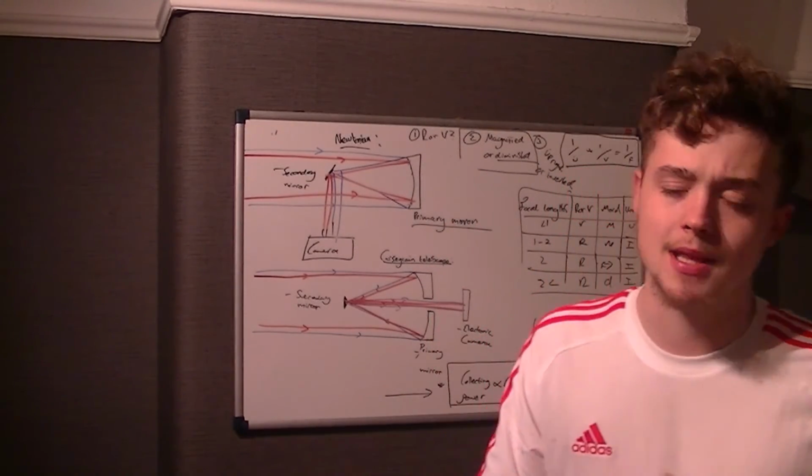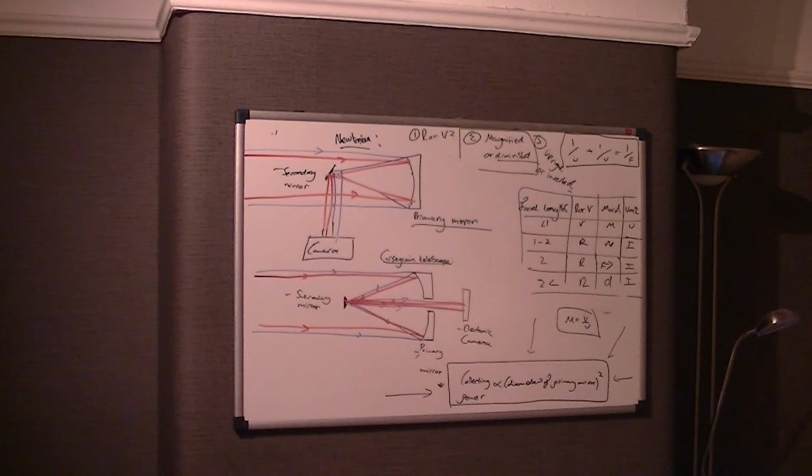Therefore, if more light can hit the mirror, there's more information to analyse, giving a greater collecting power, which is just how well it can look at things, if that is the human definition of it.